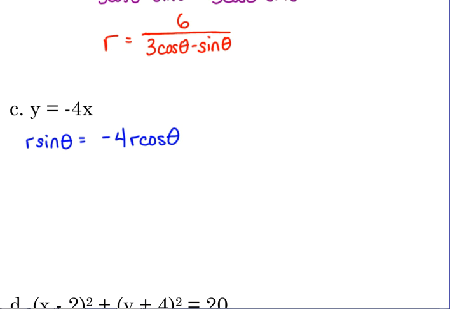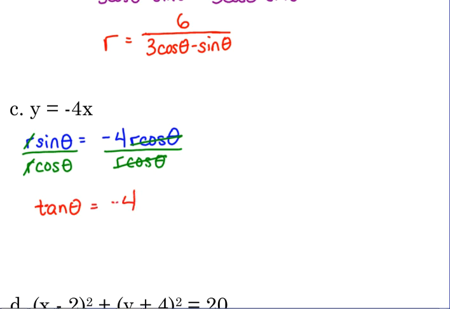Let's do this. Since we're multiplying over here on this side, how about we divide by r cosine of theta? So that cancels on the right side. What cancels on the left side? The r. And what's sine over cosine equal to? Tangent. So tangent of theta equals negative 4.